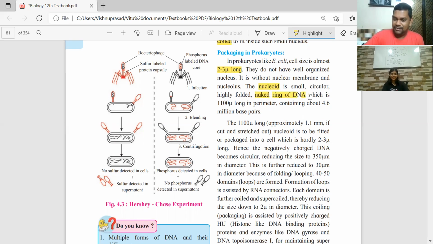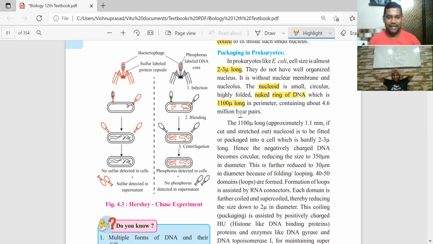This DNA का जो length है, that is around 1100 micrometer long. Now you got the challenge for a prokaryote: the size of the cell is around 2 to 3 microns, but DNA का length is around 1100 microns.